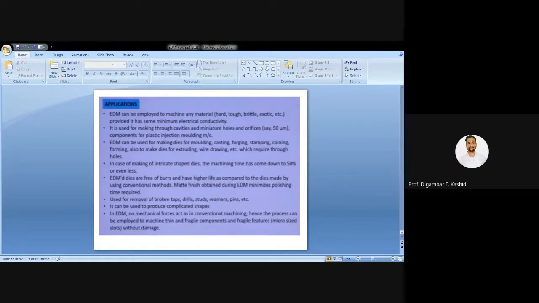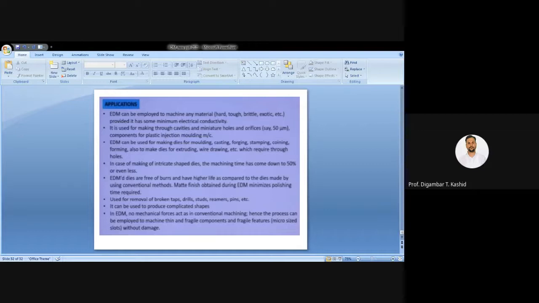In the next lecture, we'll start another electric discharge machine, that is the wire cut EDM process. As we know, the wire cut EDM process is a part of this EDM process, because yesterday I showed how this EDM process is divided into different types by their operation.